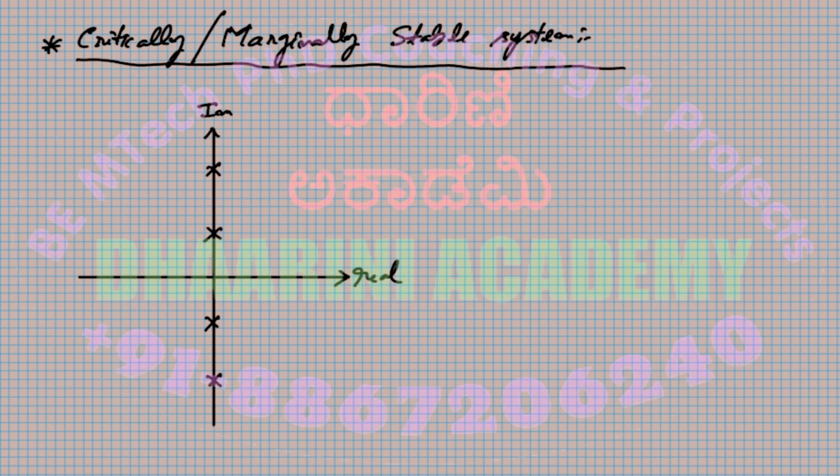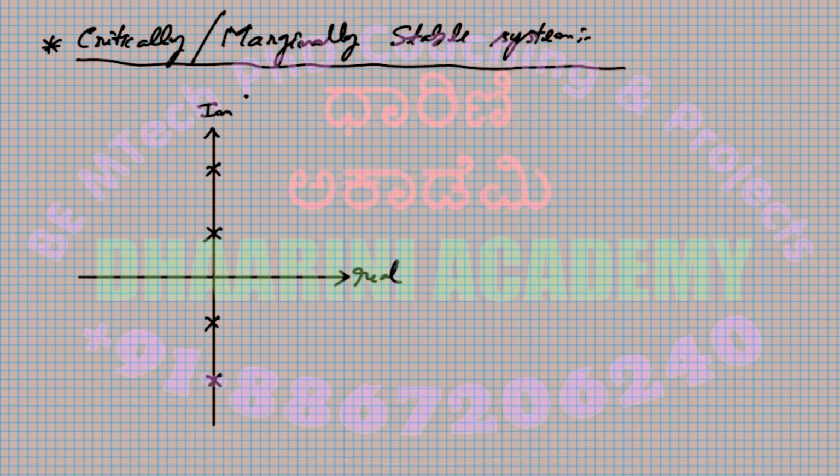That's the first condition: you cannot have any poles on the right side. And you should have poles on the y-axis, and they should not be repeated poles. You can have different poles, but I cannot have the same pole repeated again and again on the same point. That's a very important condition.